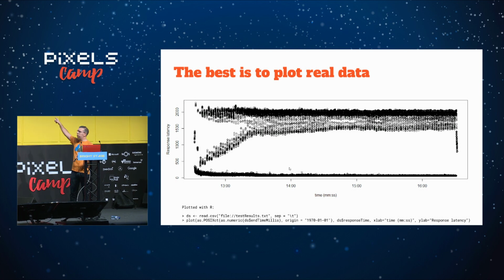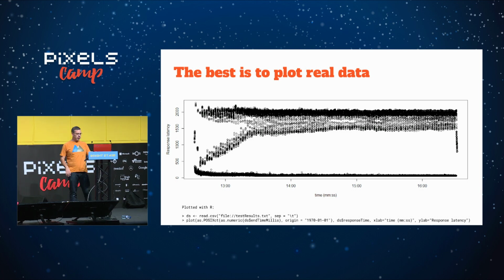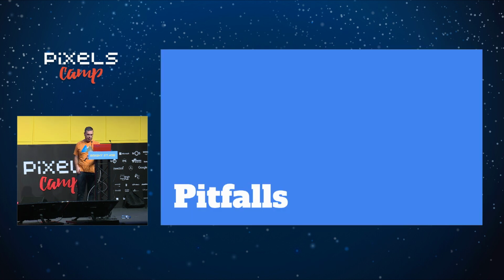So here I've just put on the bottom of the slide the R commands to generate this graph for future reference. So you really have to plot the data to see what's going on.